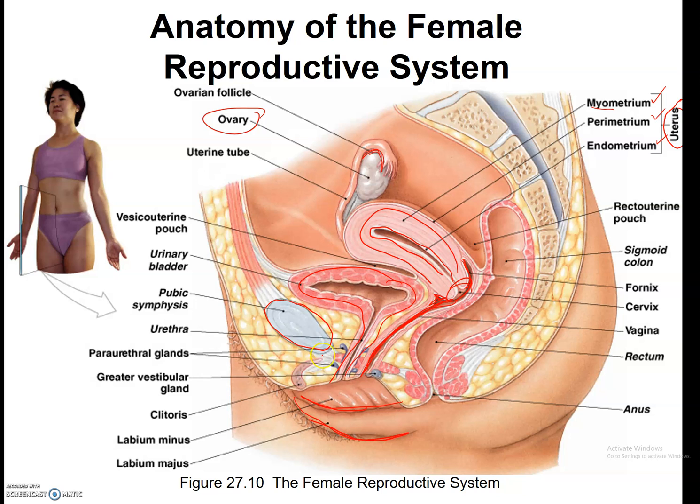The clitoris is a small organ in the anterior portion of the female reproductive system, which we'll get to in a little bit. We have the vestibular gland, and this has nothing to do with the vestibular system, you guys. The periurethral glands, which are adjacent to the urethra, and then the urethra itself, which are separate from the female reproductive system.